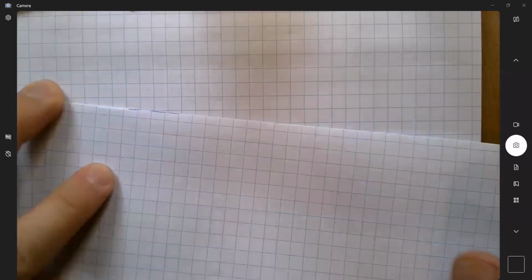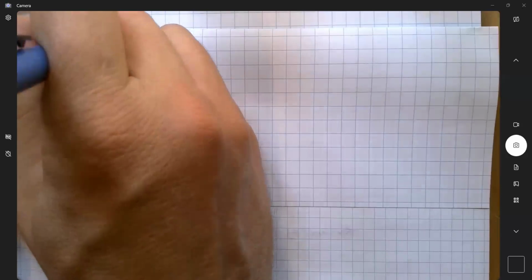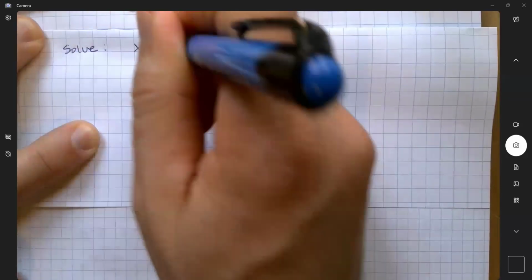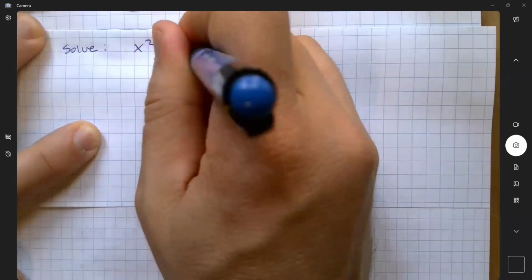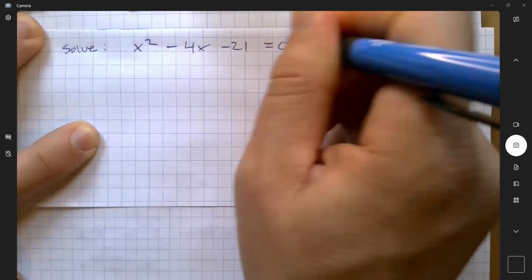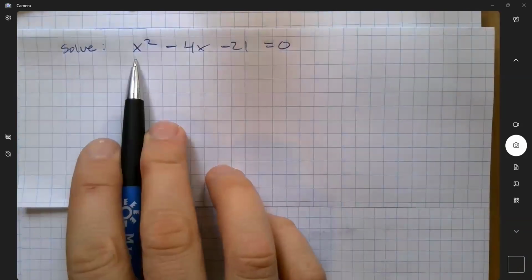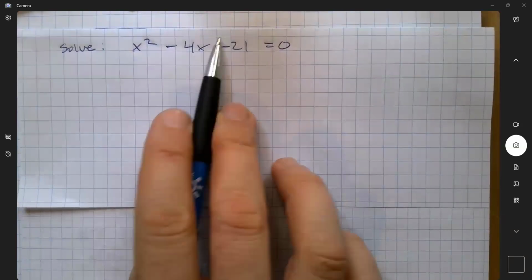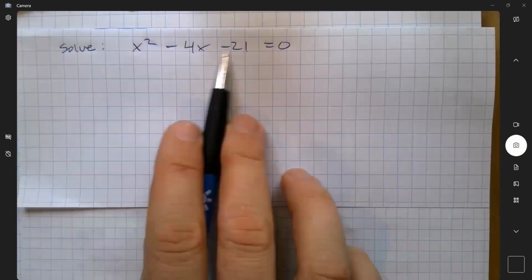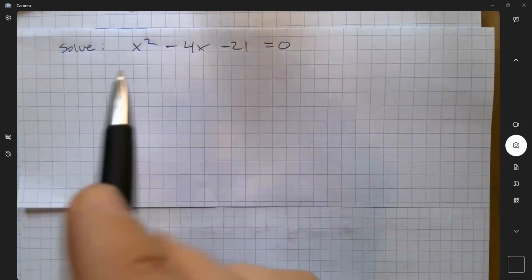All right, let's do another example. Let's do the other one. Let's solve x squared minus 4x minus 21 equals 0. So I want to find the x values that make this true. So I want this expression to equal 0. So I want to find the x-intercepts.